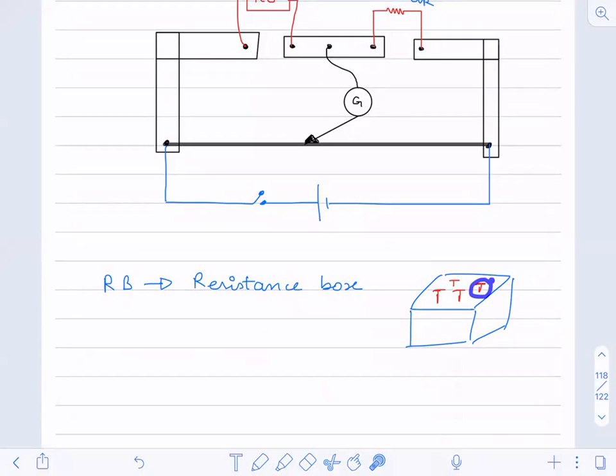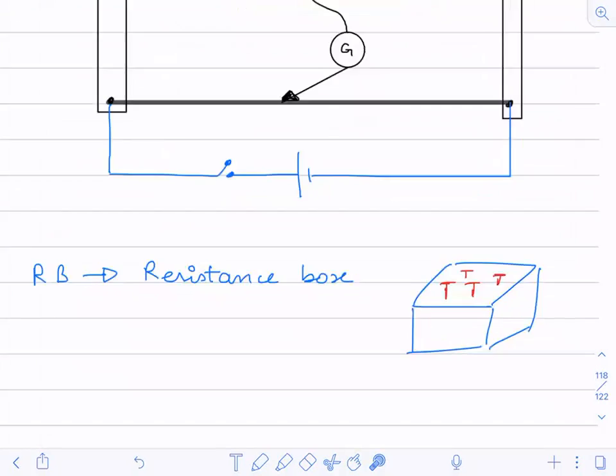Every key means one resistance. Suppose you plug this key, then this particular resistance will be activated and its value will be written.